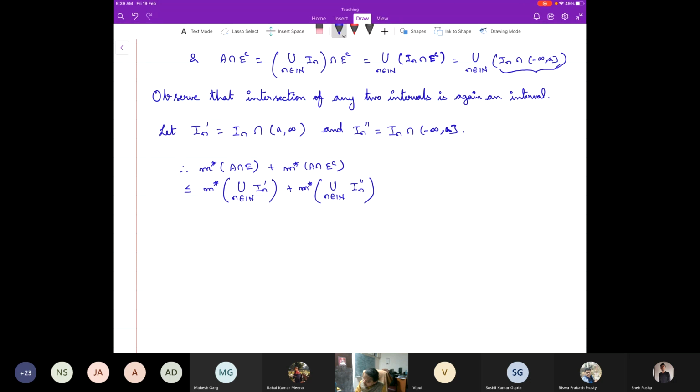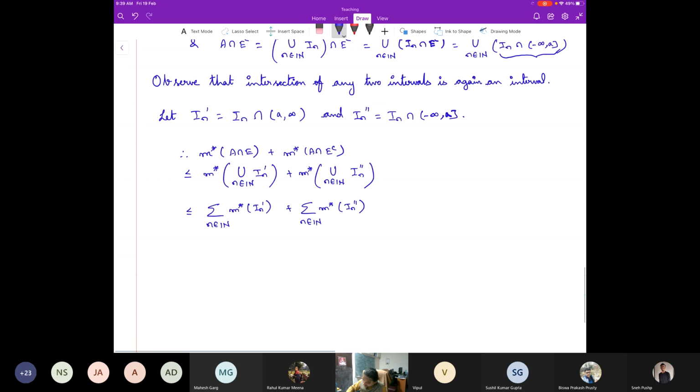Now, using countable subadditivity, this is less than or equal to the summation over n in N of m star of I_n dash plus the summation over n in N of m star of I_n double dash.